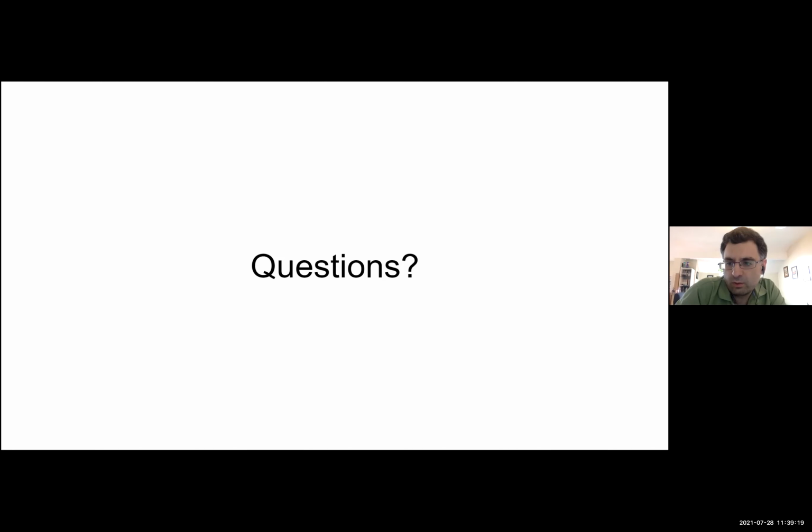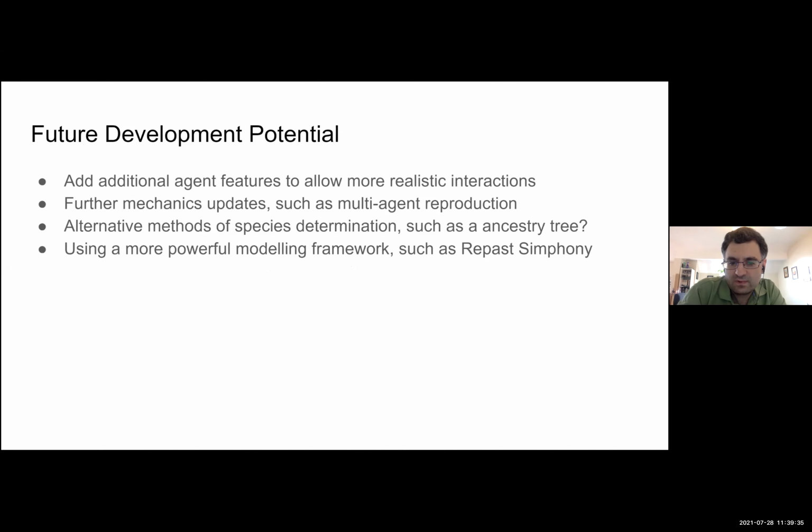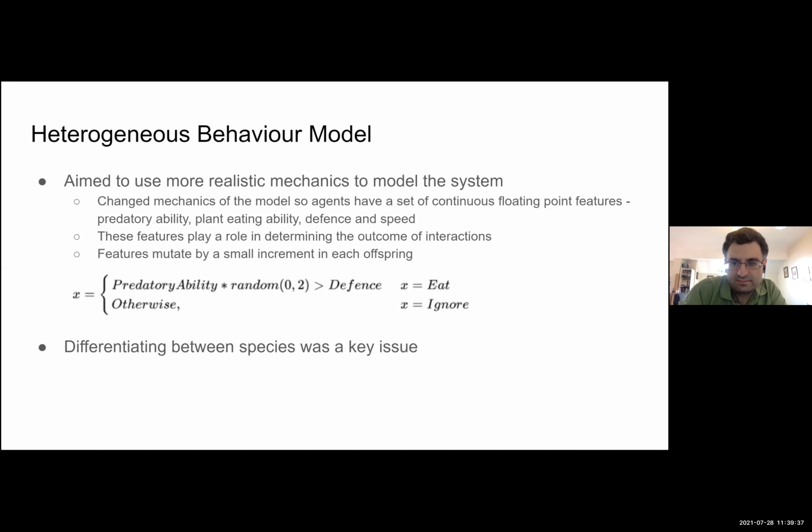Okay. And when you say, for example, you can try to change the mechanics of the agents, how is this implemented? How do you change the rules, or the features? Is this in the heterogeneous behavior model? Yes. I'll just go back to the slide. It's a little bit hard to describe actually.